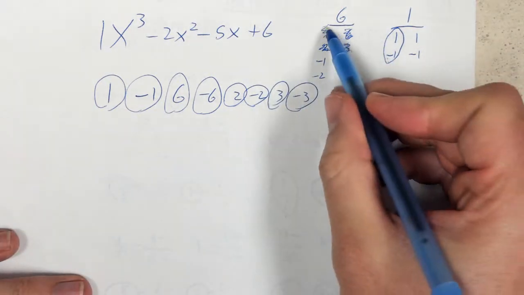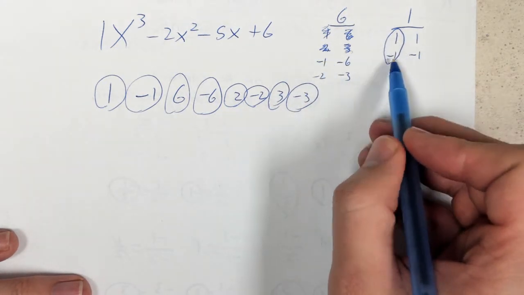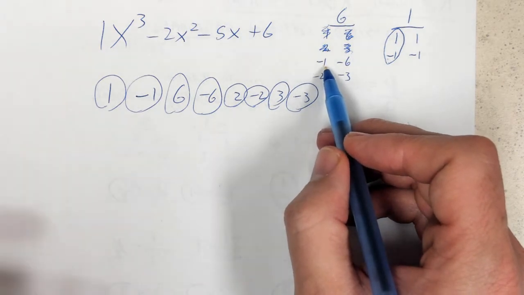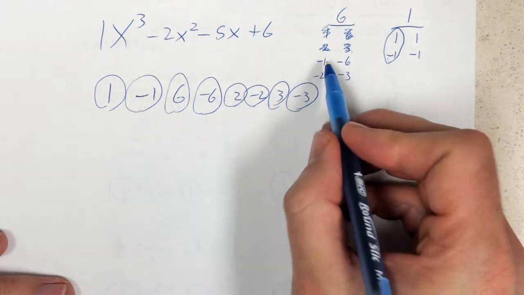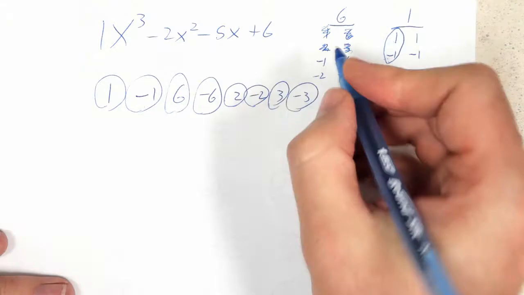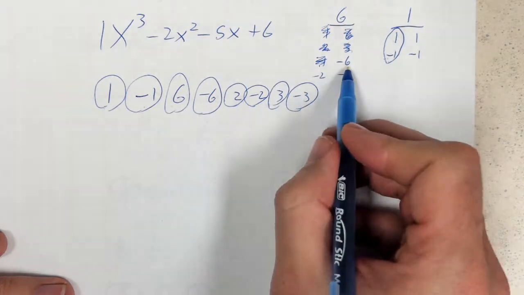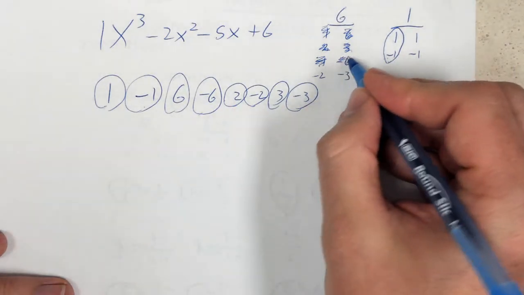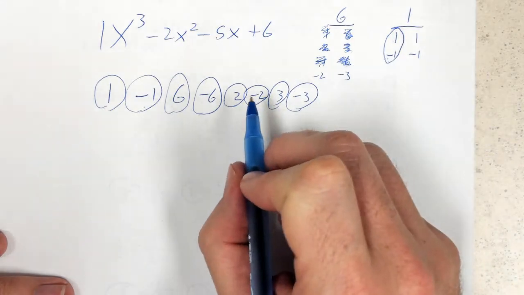Done there. Alright, so I did all the positives. And now when I go back here, because I'm just dividing by a number and its opposite, when I do the opposite, it's going to be all repeats. Negative 1 divided by 1 is negative 1. I already have that one. Negative 1 divided by negative 1 is positive 1. Already got that. So that one's done. Negative 6 divided by 1 is negative 6. Negative 6 divided by negative 1, positive 6. Done with that one. Negative 2 divided by 1 is negative 2.